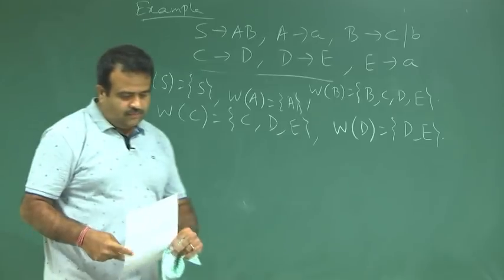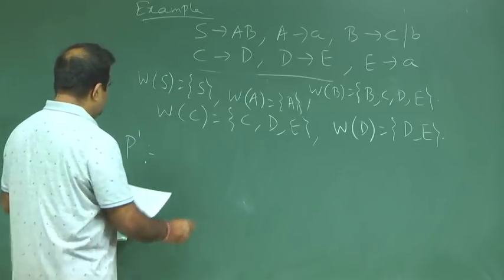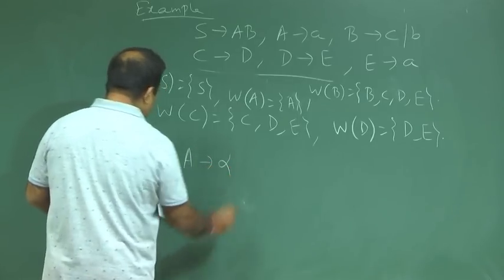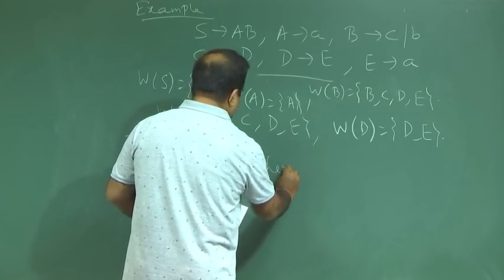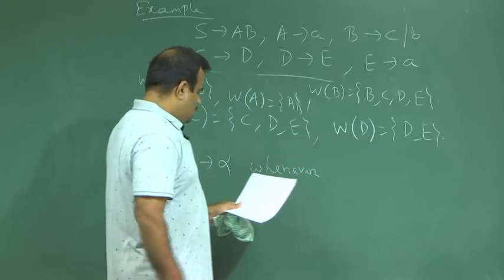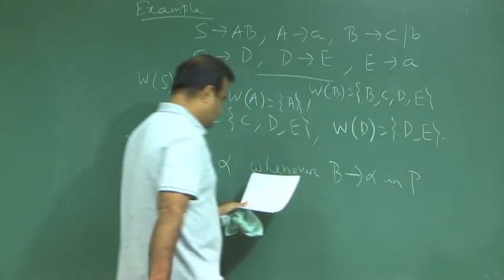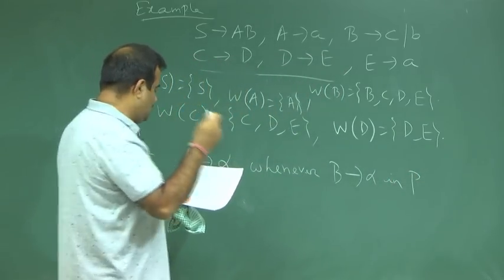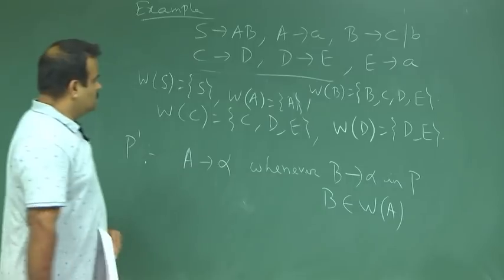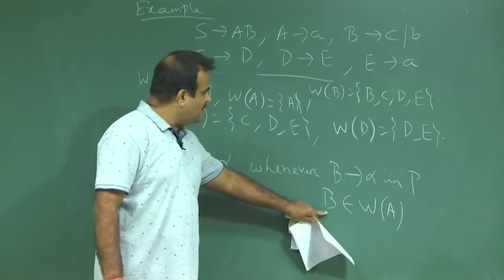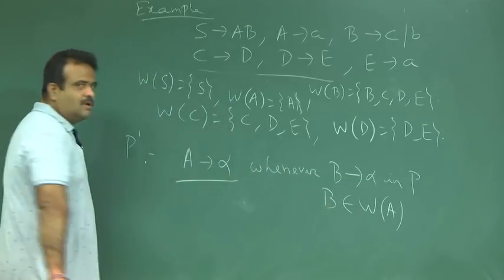The rule is, if we have A goes to alpha, this will be added in P prime whenever B goes to alpha in P, I mean in G, such that B belongs to W of A. So, if B is reachable from A, and we have a rule that B goes to alpha, that means eventually A goes to alpha.